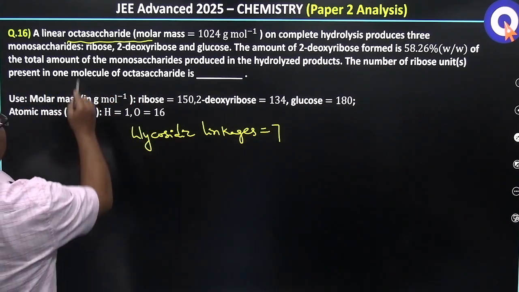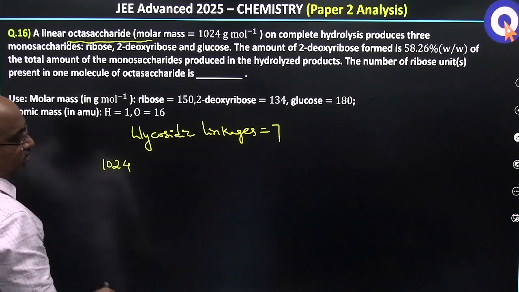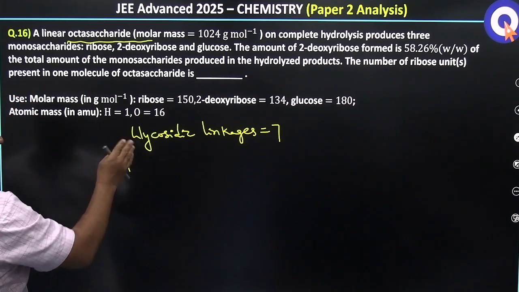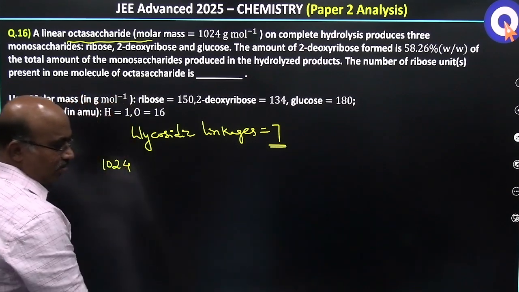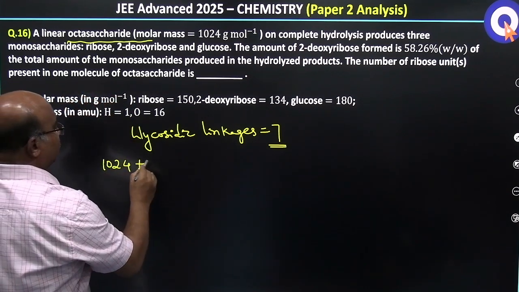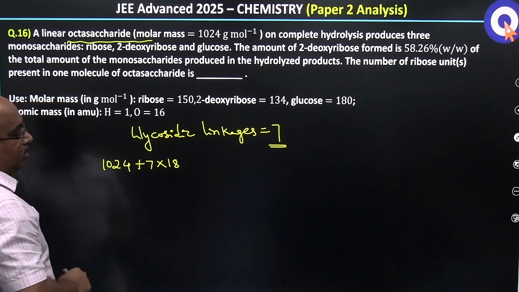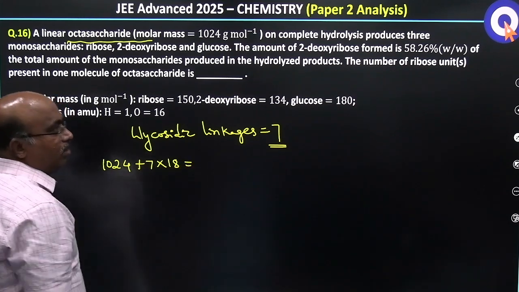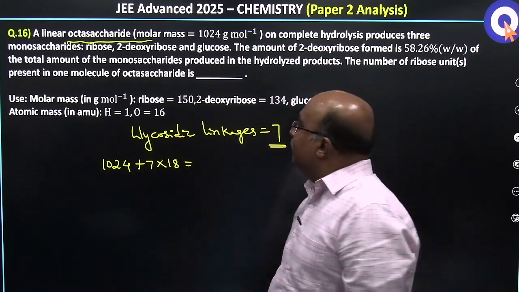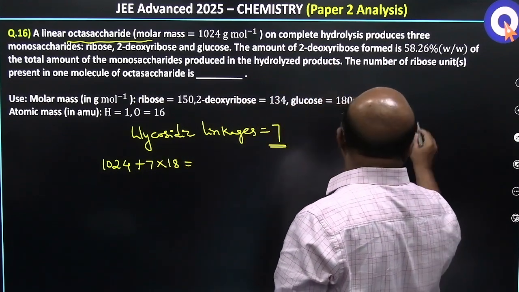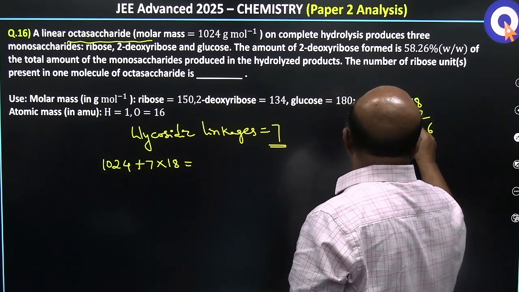So when the molecular mass of the octasaccharide is 1024, for hydrolysis the glycosidic linkages are cleaved, so 7 glycosidic linkages will be cleaved. Therefore 7 into 18, that many water units will be added, so the overall total hydrolysis products mass will be the sum of this. 18 times 7 is 126.